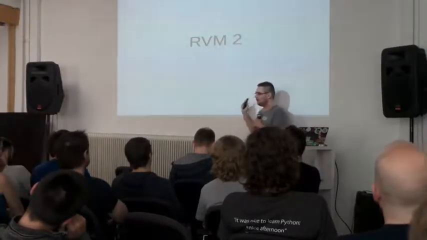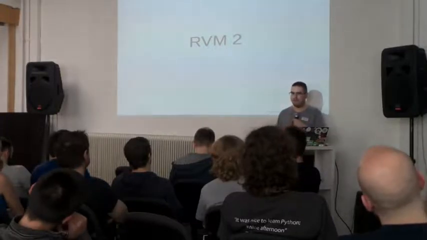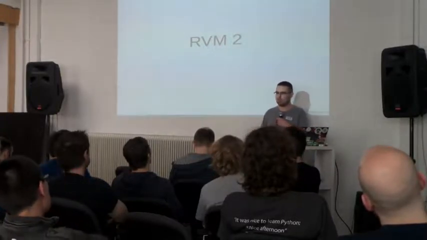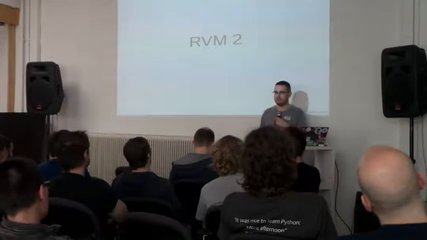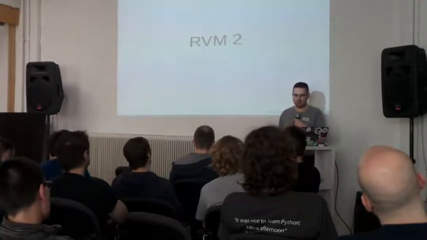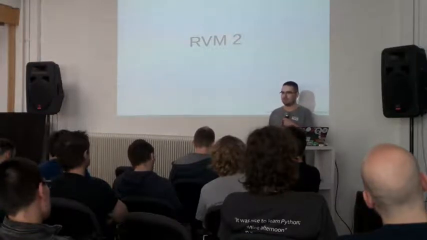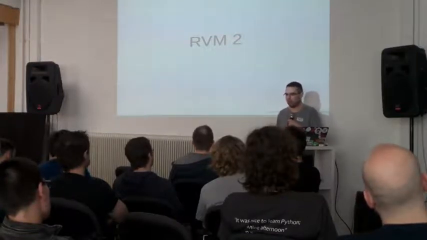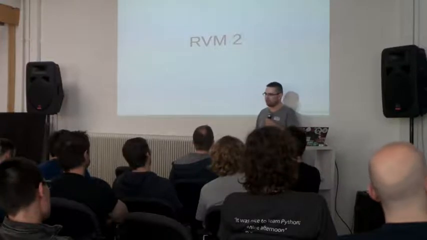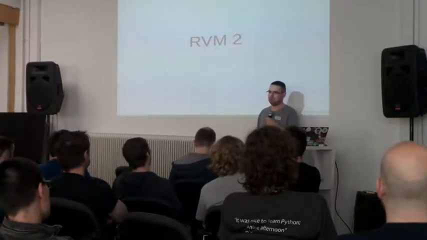Next thing is RVM2. I've been thinking of RVM2 for 3 years now. I started coding a few times. The first proof of concept was in ZSH, so it wasn't that much improvement from Bash, and I dropped this idea quite fast.